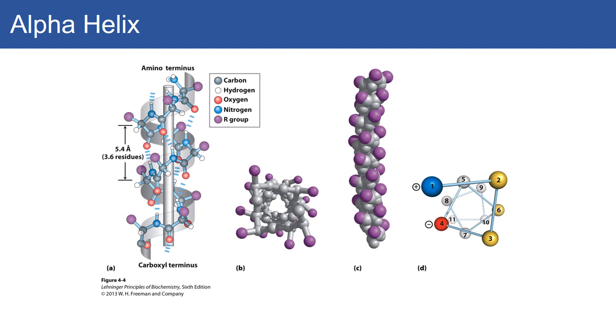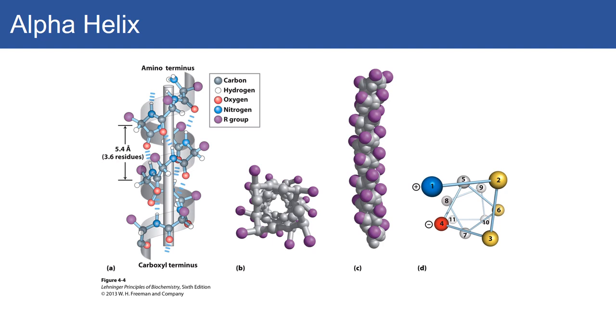In the next one, you can see the top view, and you can see how the R groups stick out into space. There's a very circular rotation about which this occurs. And same with B, it gives you an idea of how all these R groups stick out into space.